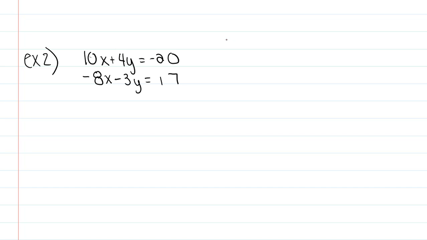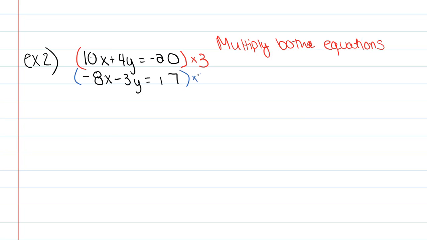Instead, in this problem, I'm going to have to multiply both equations. What I typically do is just pick the coefficients. So if I multiply this equation times 3 and this equation times 4, that should get me a 12 in this spot. 4 times 3 is 12, 3 times 4 is 12.